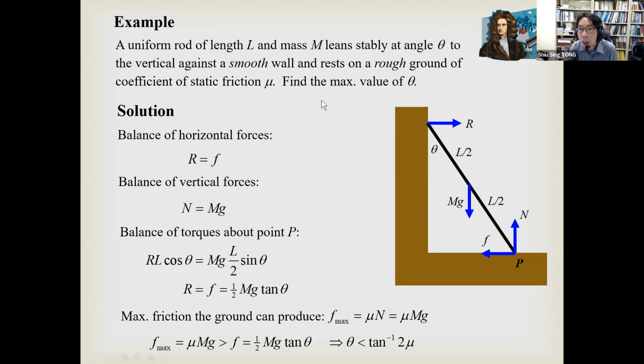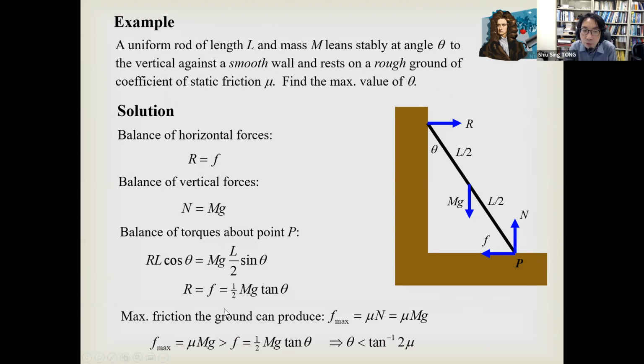Now our problem says I want to find the maximum angle theta such that no slipping occurs. I assume a coefficient of friction mu between the ground and the ladder. So I want to find the maximum value of the angle theta such that slipping will not occur.